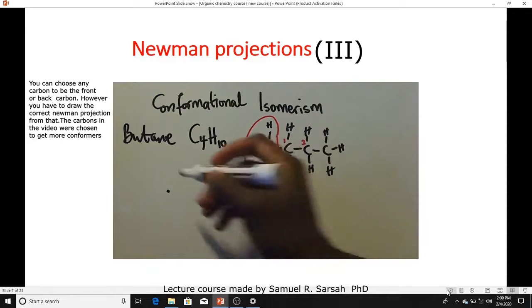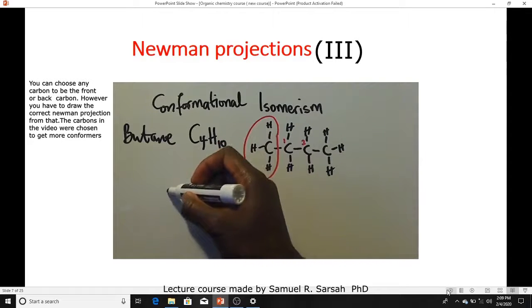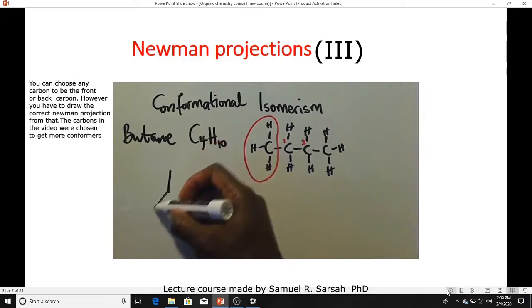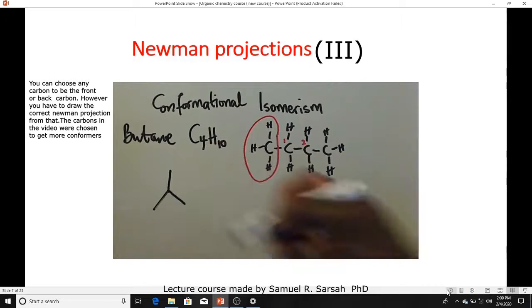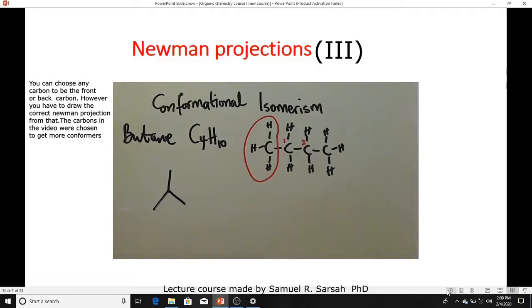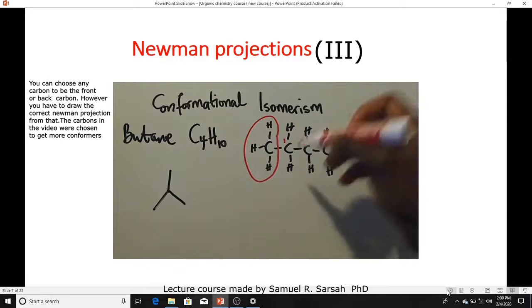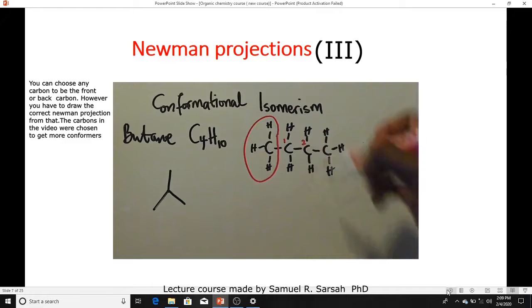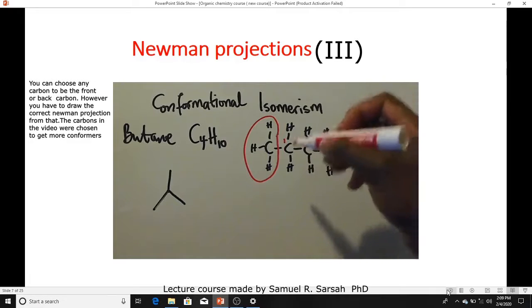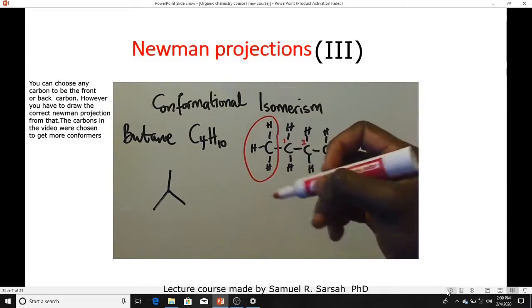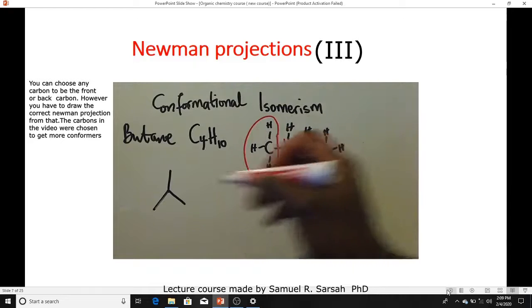So I'm going to draw them. Now this carbon is bonded to carbon number 2, which I'm going to represent by a circle behind carbon number 1.